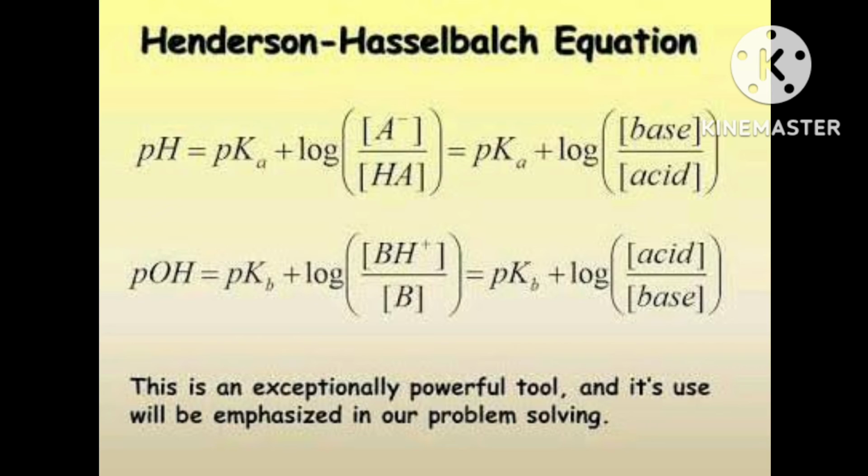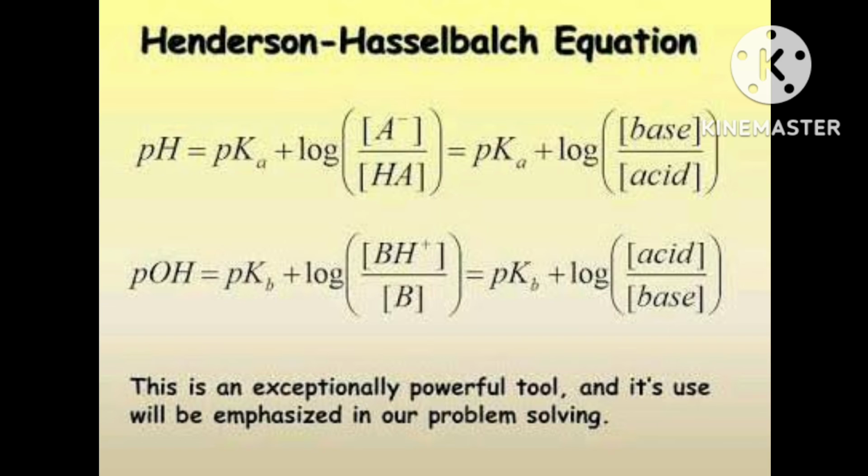Then this situation will come in the same way as what I have discussed in the case of pH. Okay, the pH of the buffer solution can be calculated by using the equation. How? Then you know pH plus pOH is equal to 14. This is a relation.